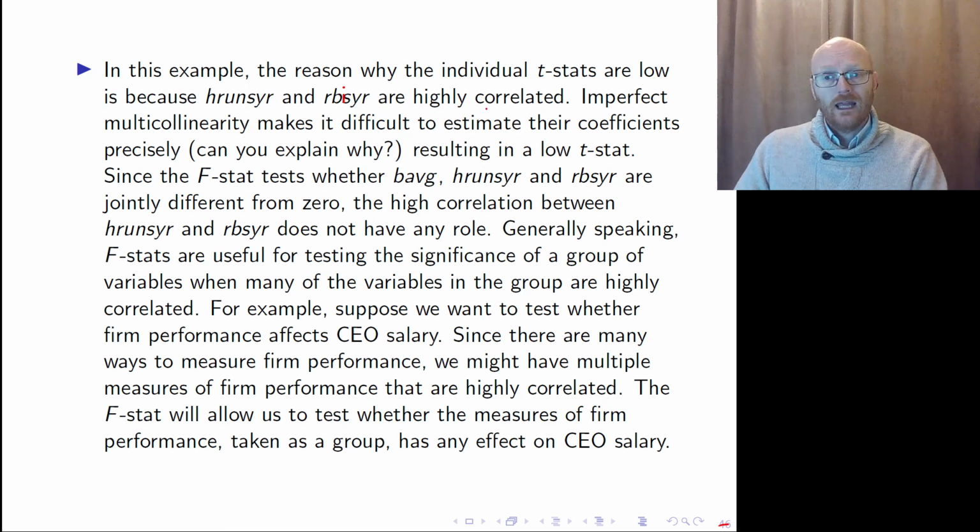Remember from our previous video on multicollinearity that if variables are highly correlated, either positively or negatively, then it's very difficult to estimate their individual slopes, because their slopes will on average be correct, but the standard errors will be very large.